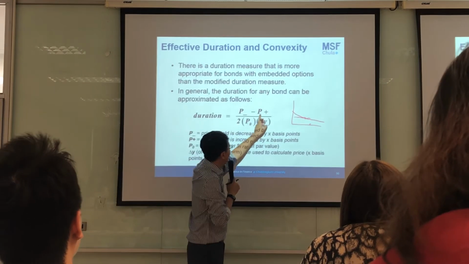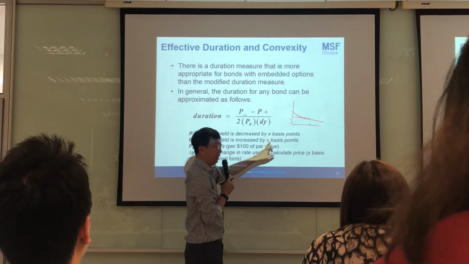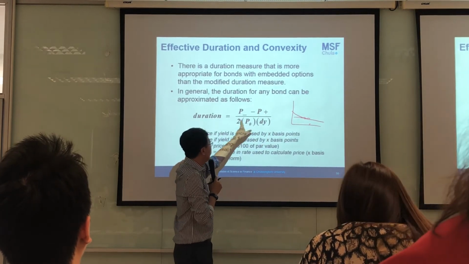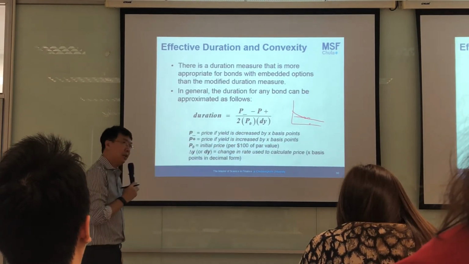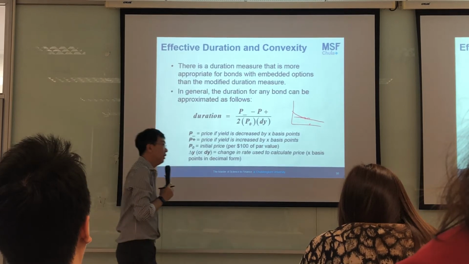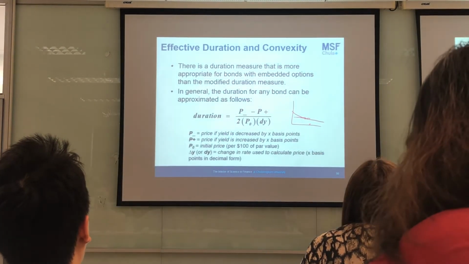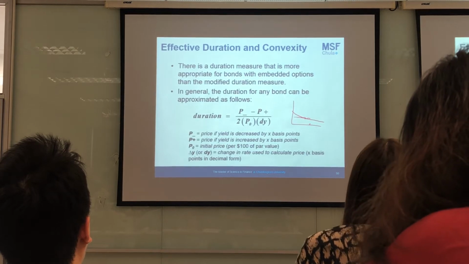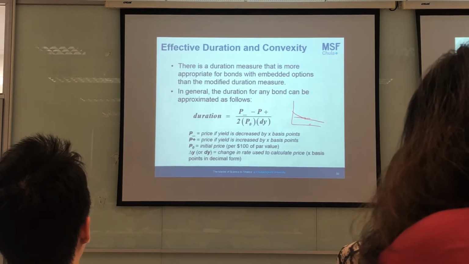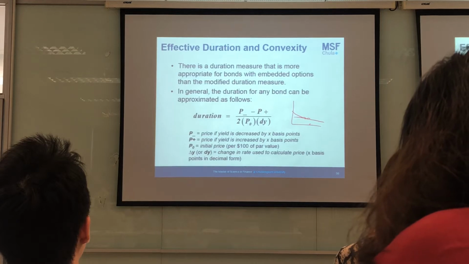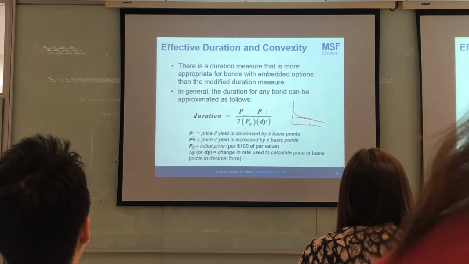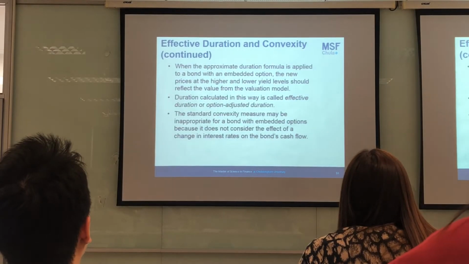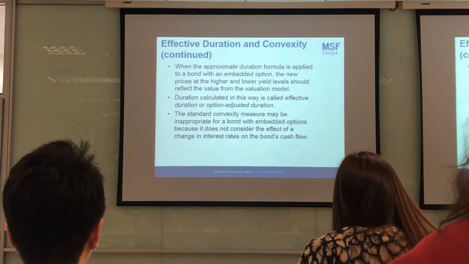We re-estimate the value of the bond price when the yield increases, and then divide by 2, multiply by the current bond price P0, and divide by the change of the yield. Okay, and the duration is approximated by this formula. For a bond with an embedded option, it will be called effective duration.